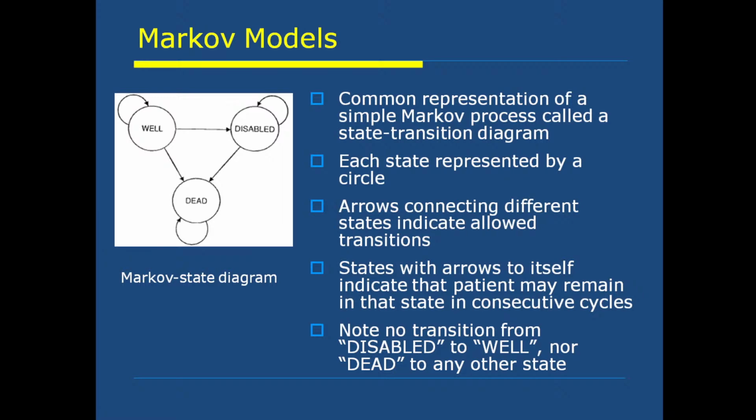A patient can remain in the well state for some cycles, and the same for the disabled state. Note that transitions from disabled to well, or from dead to any other state, are impossible.